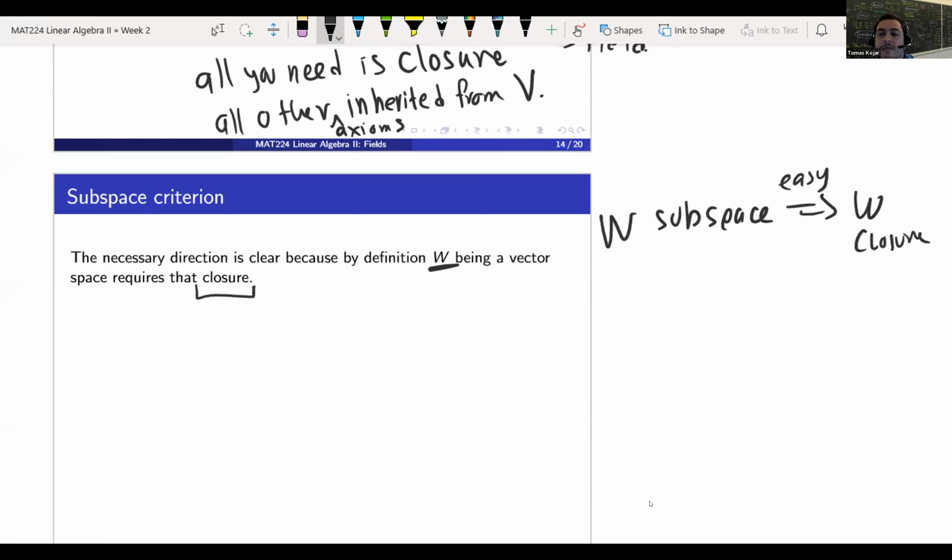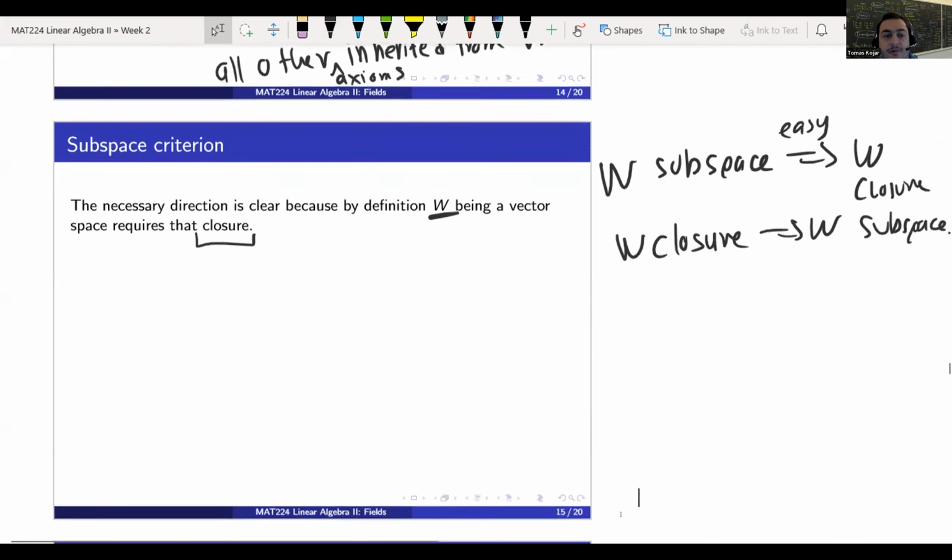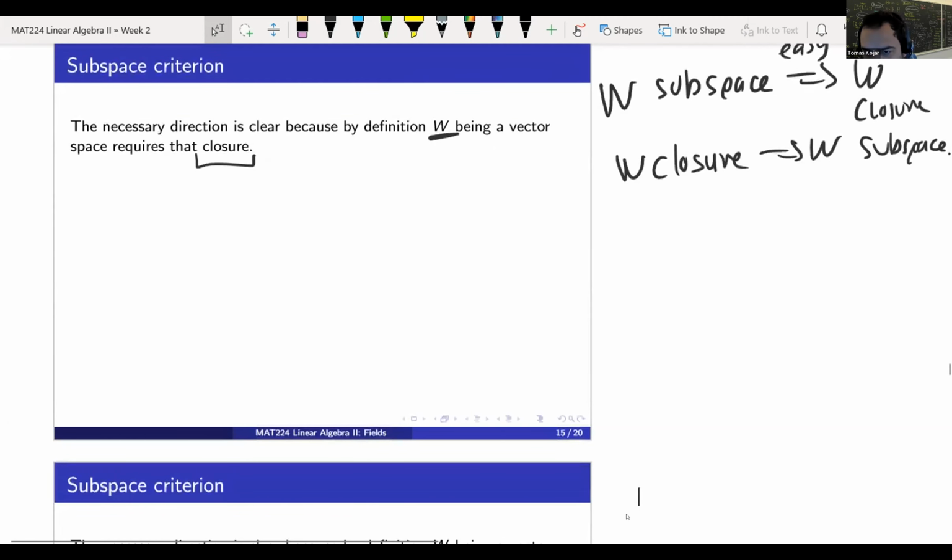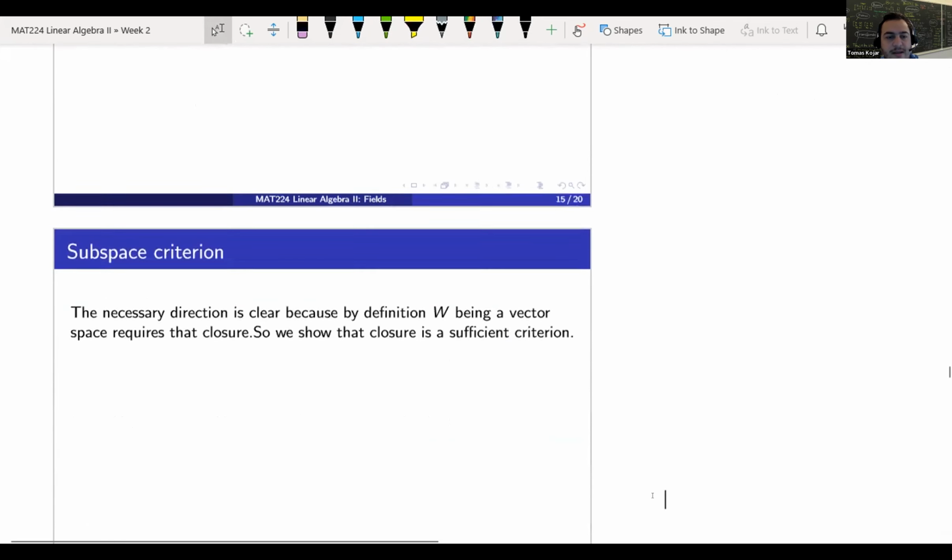Now we want to show the opposite: that W closure implies W subspace. This direction is easy; let's show the longer one, where just checking closure is enough.